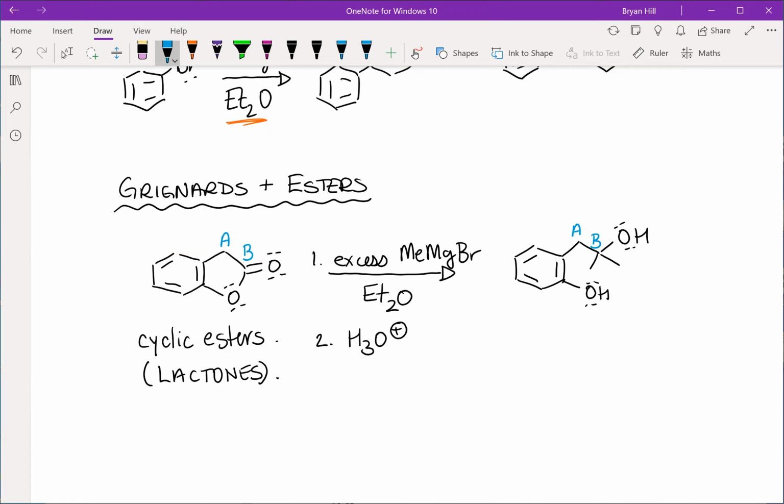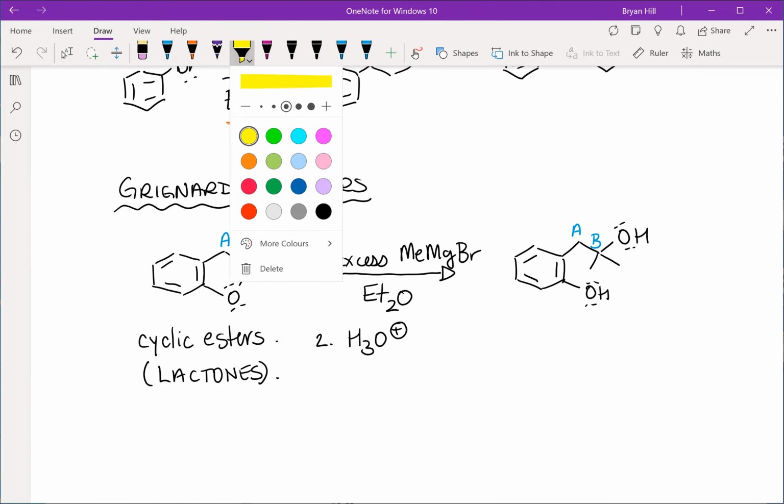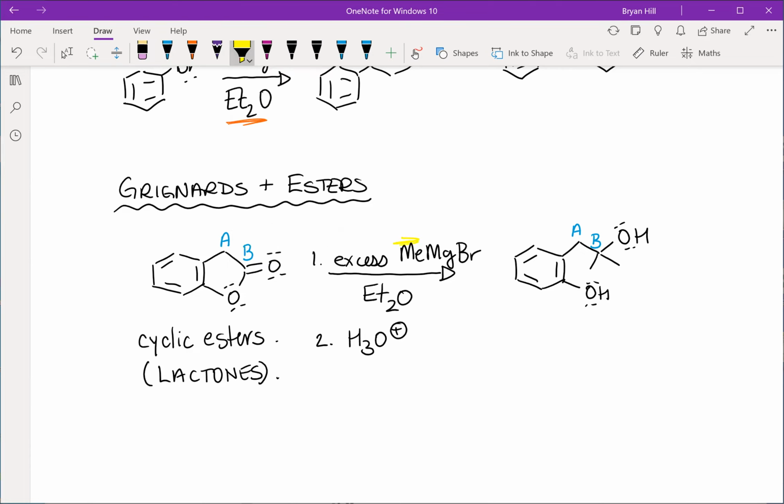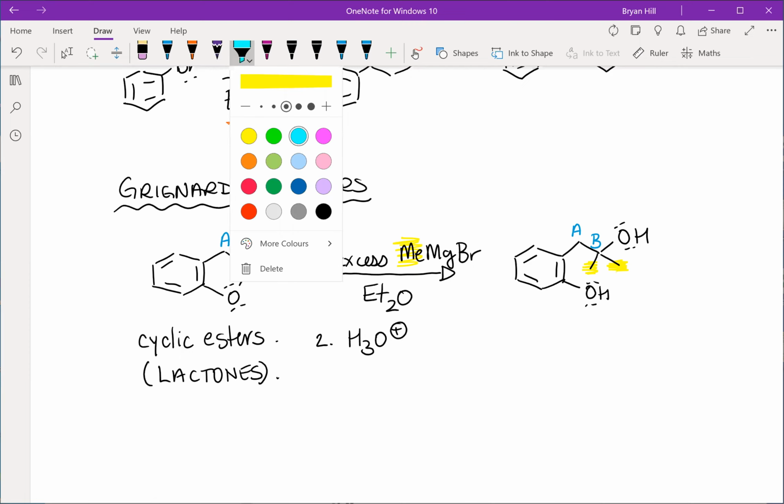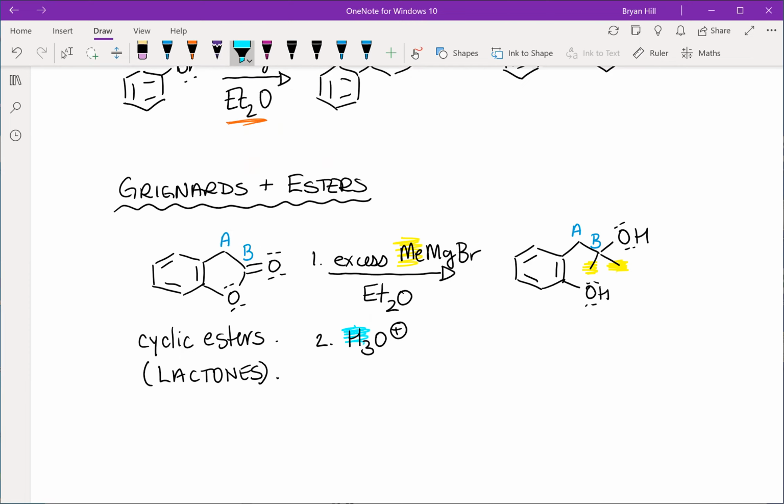I'm just counting carbons here. So the methyls, these two methyls here are here and here. And the H3O plus protons, they're going to be here and here. So let's do the mechanism.